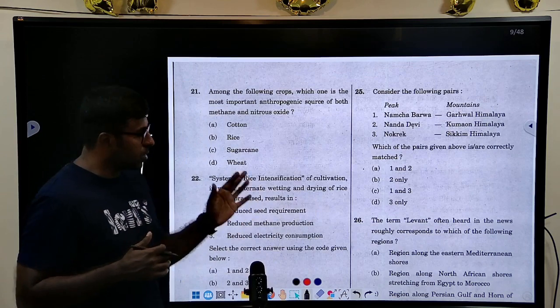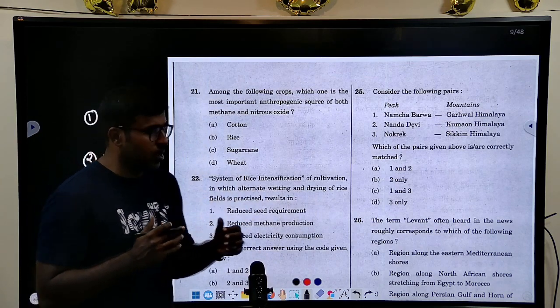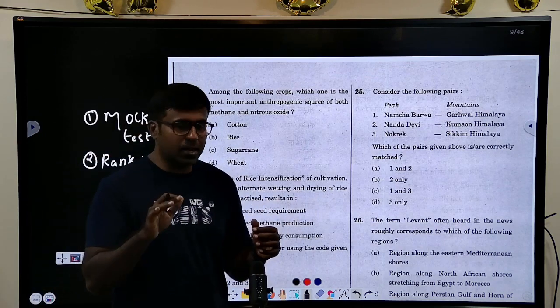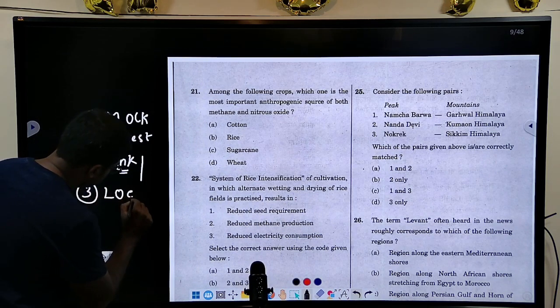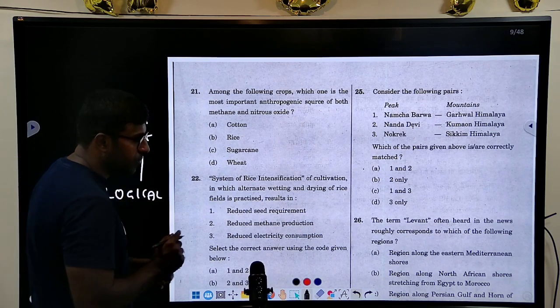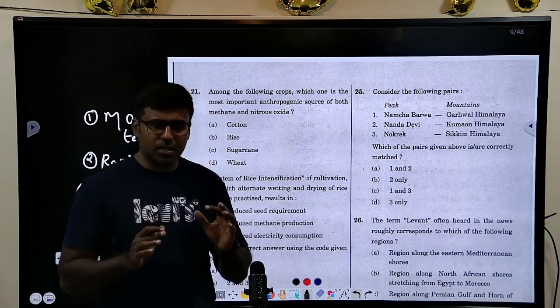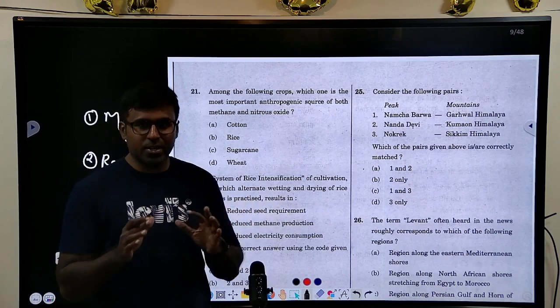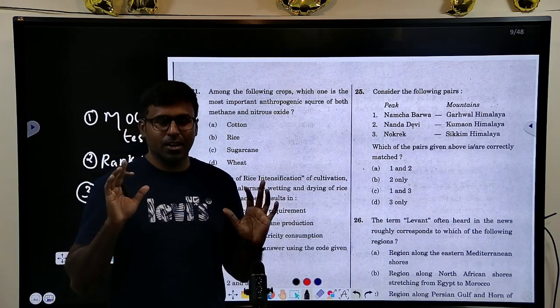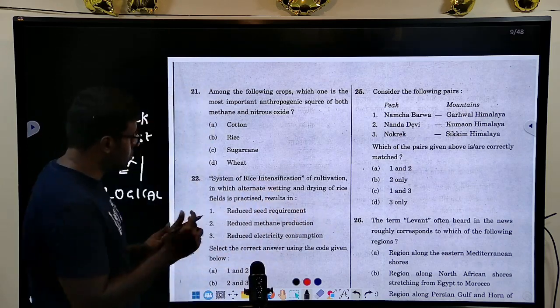Now we'll go to the solution. What I want to mean is that UPSC questions will be logical. You will not have the difficulty that you are facing in mock tests in the examination hall.